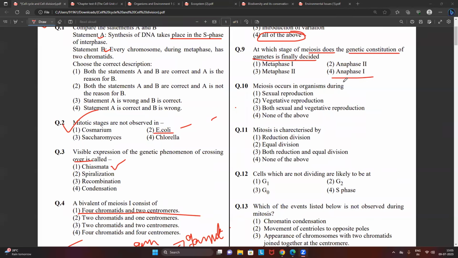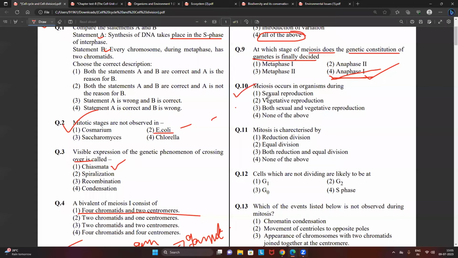No, it cannot be 2. It is number 4, anaphase 1. Because, friends, the paternal and maternal chromosome segregation will occur at the packet-in stage of anaphase 1. That is the stage where the final decision of the gamete separation takes place. Obviously, the answer will be anaphase 1. No need to get confused, friends.